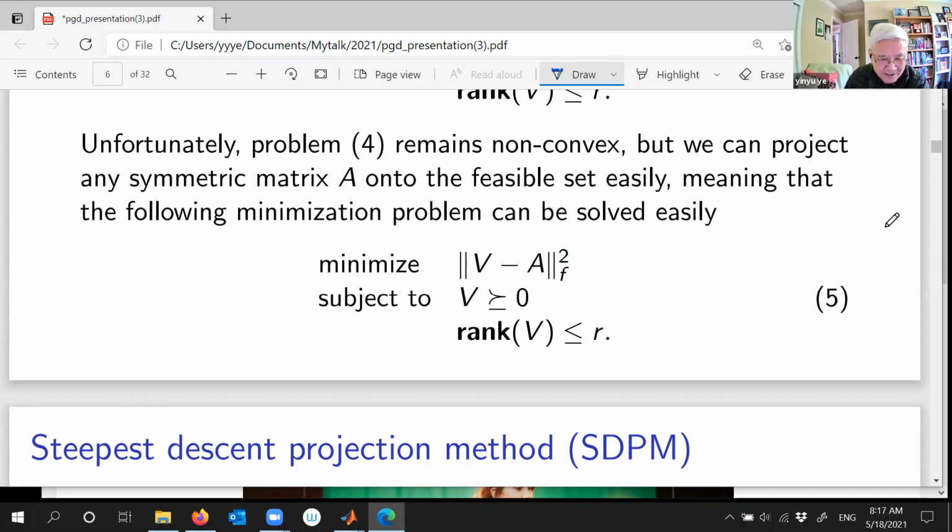Basically, you just need to find the R extreme, highest eigenvalues, and then use only the positive ones.